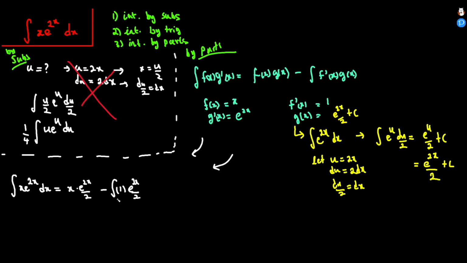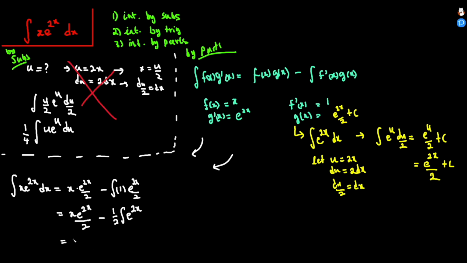And so now we just have to integrate this thing, right? So it's just x e to the 2x over 2 minus 1/2 times the integral of e to the 2x, and we already did this over here, the integral of e to the 2x dx, which is just this thing.